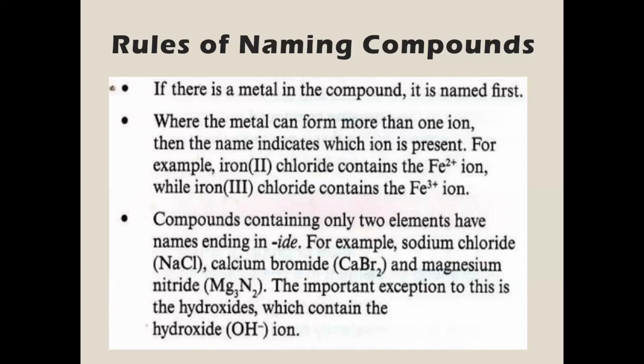And in the name, the valency will be indicated, which type of ion, because some metals have more than one ion, like iron. Iron can be iron positive 2 or iron positive 3, iron 2 or iron 3. So iron can lose 2 or 3 electrons. If it loses 2 electrons, it will be iron 2. If it loses 3 electrons, it will be iron 3. Okay?